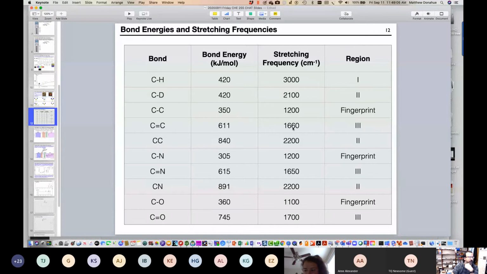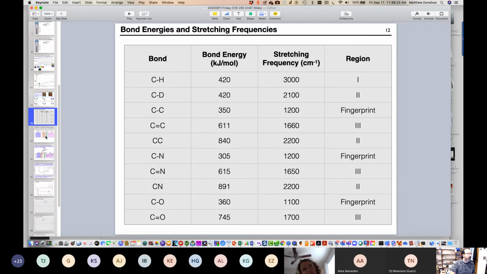The stretching frequency goes down as compared to a CH bond, which has a weaker bond and a higher stretching frequency. So again, I'll explain this stuff in the screencast when that eventually gets posted.